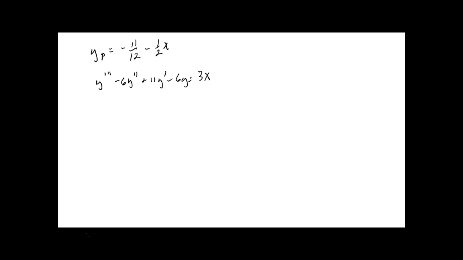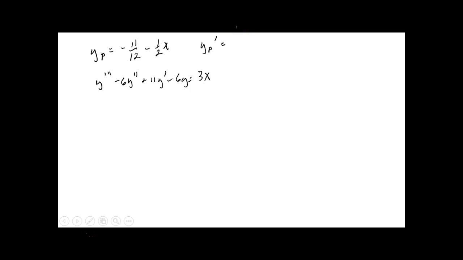Okay? This is some work. It says by substitution, this function is readily shown to be a particular solution for that. What that means is we got to take those derivatives. So what's your yp prime?